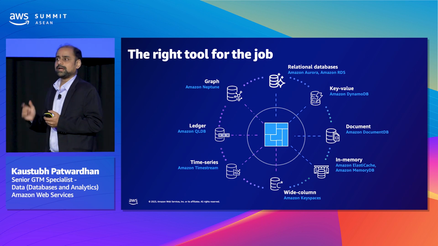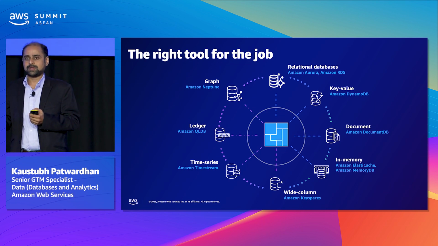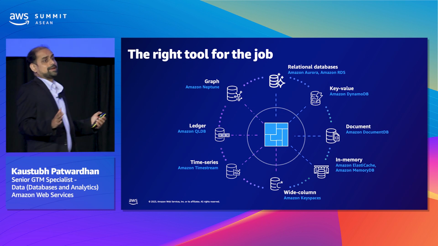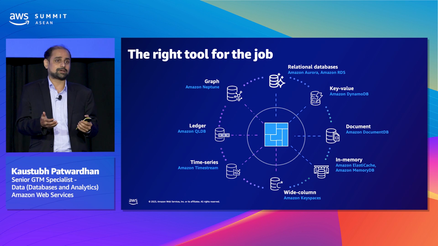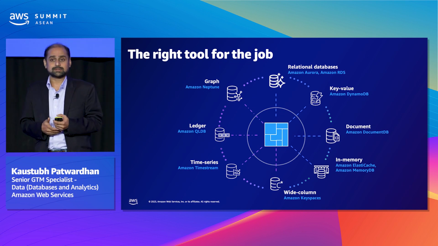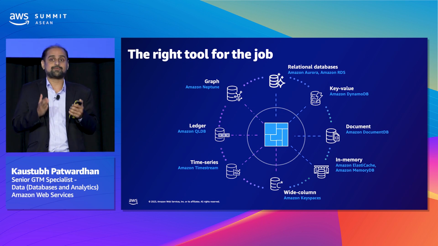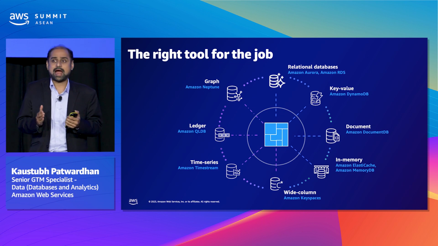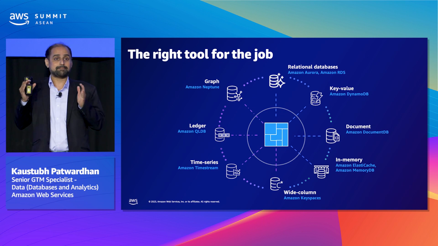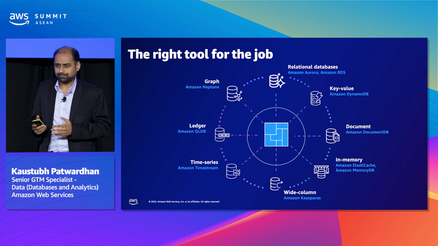Moreover, you don't need to worry about under-provisioning or over-provisioning your infrastructure, because all that can be taken care of by AWS. You also don't need to worry about investing upfront in the technology, because you have the flexibility of a pay-as-you-go model, on-demand pricing. So all these benefits are there so that you as a customer can focus on innovation and modern application development, leaving aside all the management and maintenance of all these diverse databases to AWS.